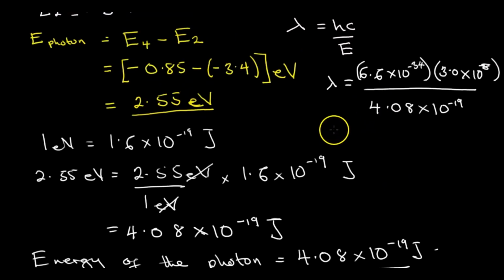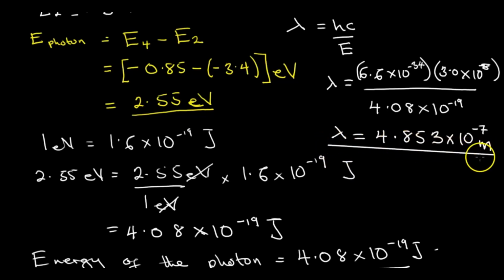So the wavelength is equal to 4.853 times 10 power negative 7 meters. The unit of wavelength is meters. So this is the wavelength of the emitted radiation.